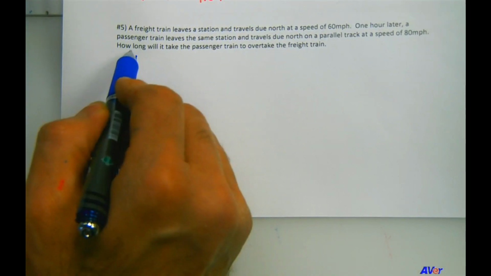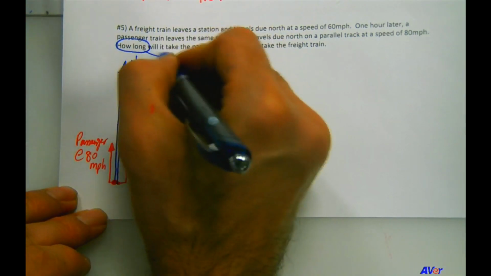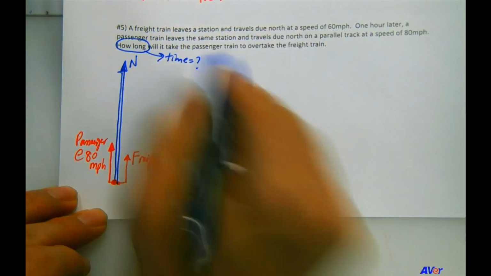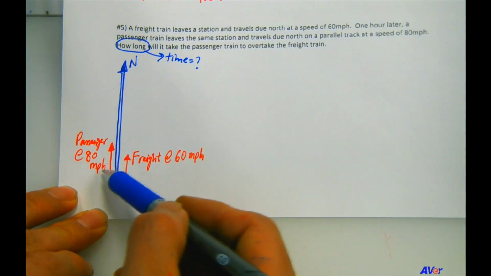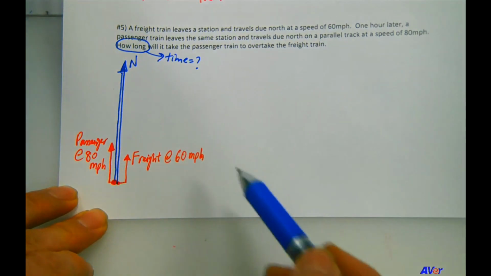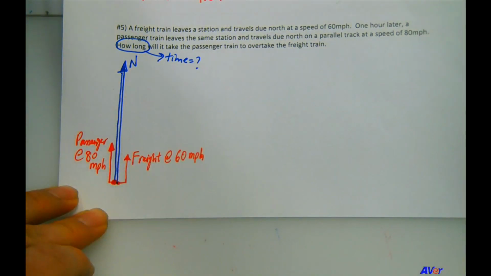So they're asking for time. But at the same time, they say, take the passenger train to overtake the freight train. We know it'll happen, right? Because this is going at a much higher speed than the freight train. So at some point, the passenger train will overtake the freight train.